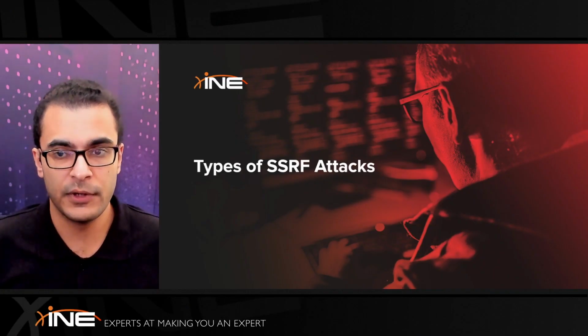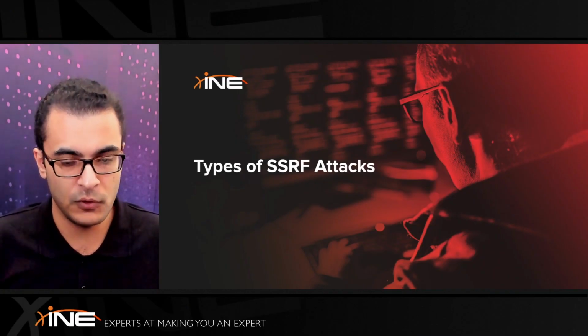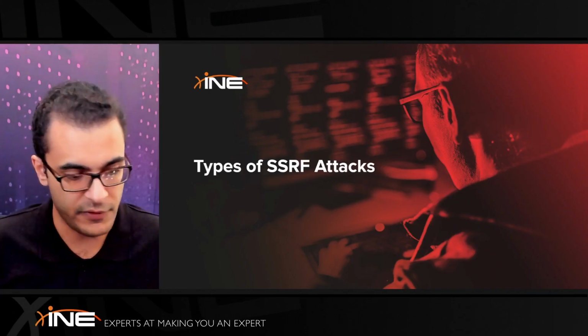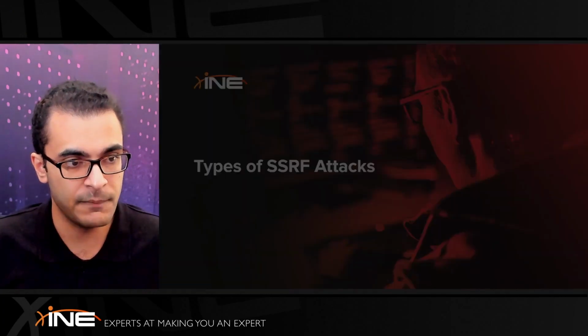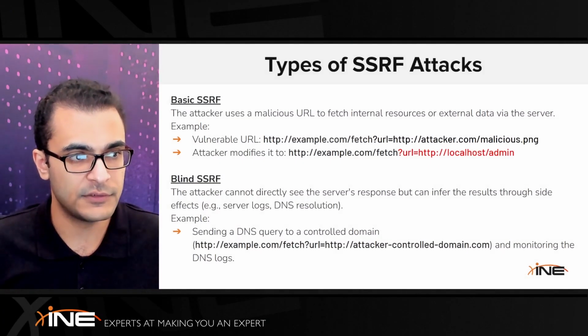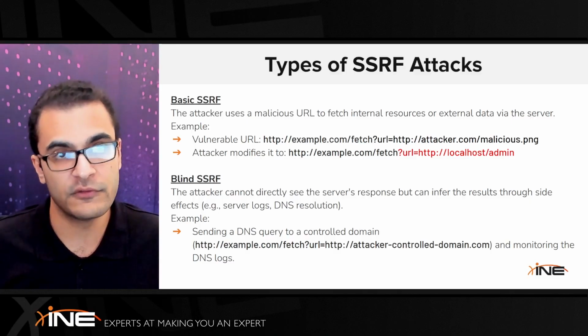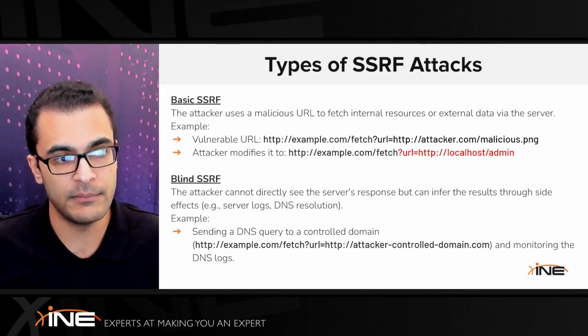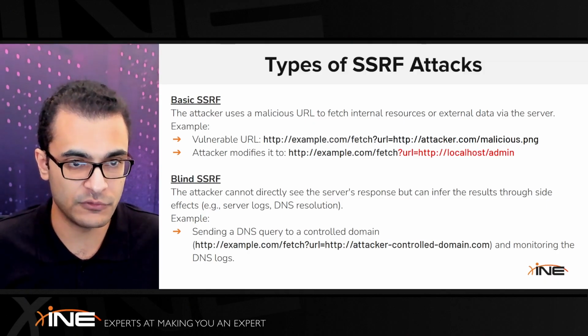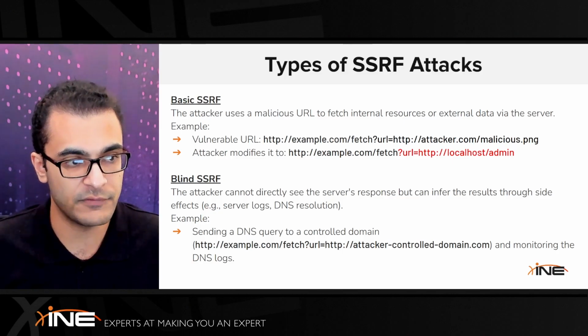So that brings us to another important point, and that is, what are the various types of SSRF attacks? Because this is something you may have come across previously. So the first is what is colloquially called the basic SSRF, where the attacker utilizes a malicious URL to fetch internal resources or external data via the server.